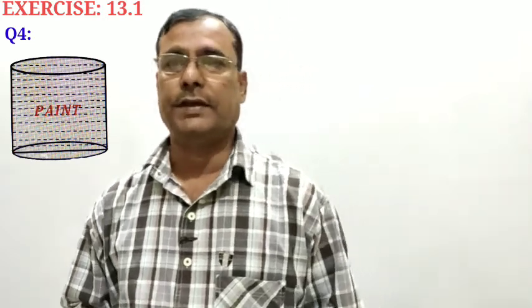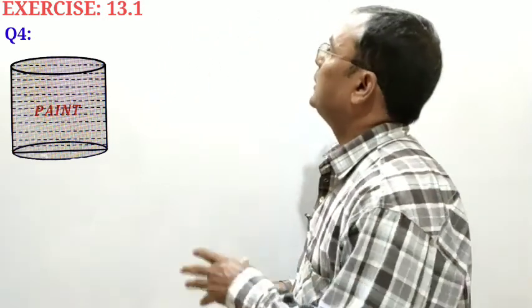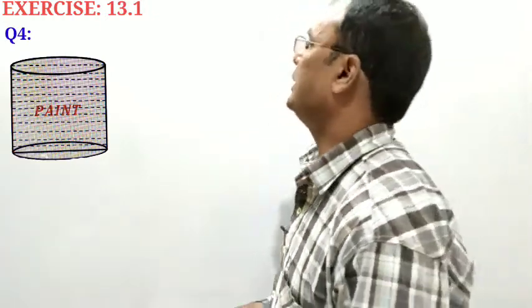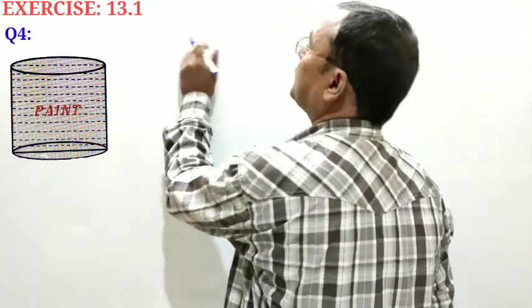We have to find how many bricks can be painted out of the paint that is there in the container. So let's write: area that can be painted from the paint in the container, that is 9.375 meter square.